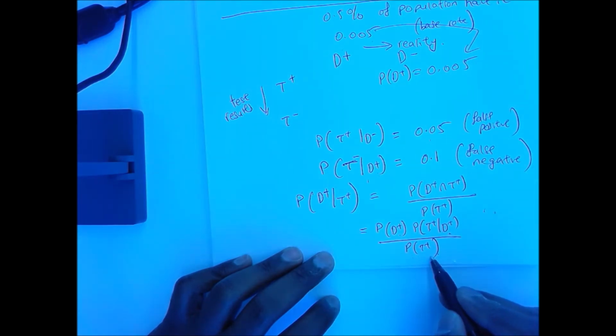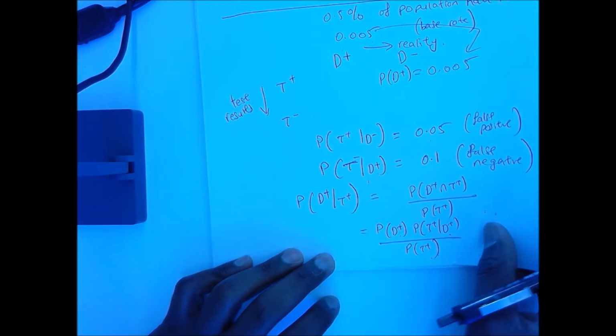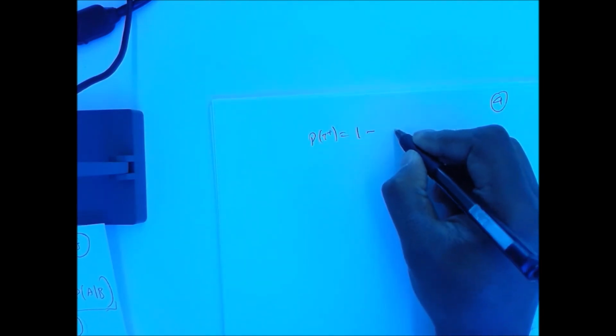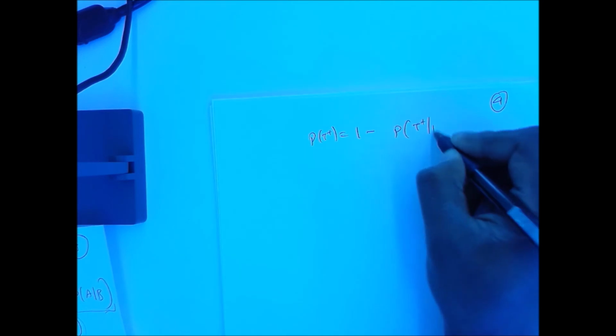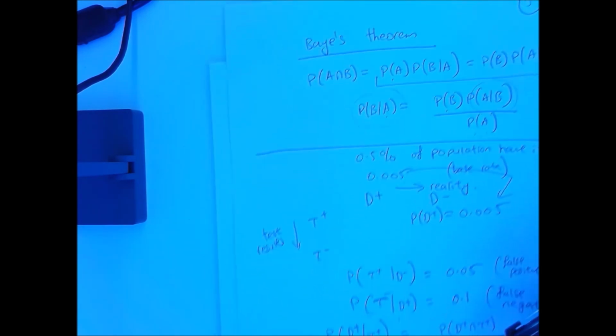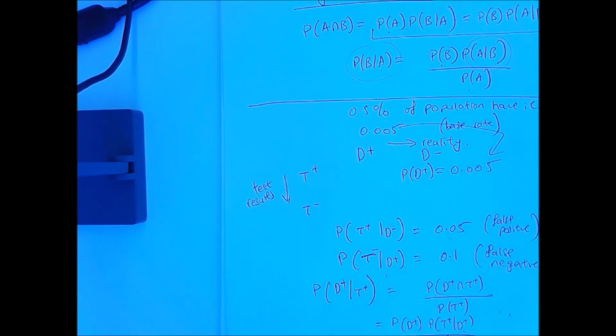Should be. Why? So let's see, what you guys are saying is that the probability of T plus will be equal to 1 minus the probability of T plus given D minus. Wouldn't it just be, there are two possibilities.